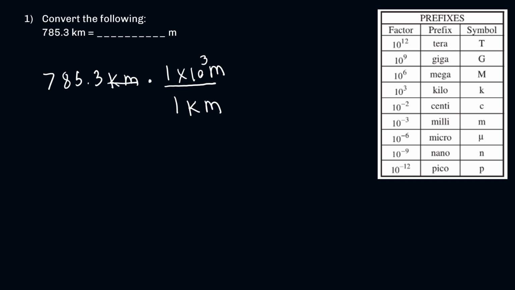My kilometers will cancel out, and I'm just going to have 785.3 essentially times 1,000. You can just plug this into your calculator real quick, and you should end up with an answer of 785,300.